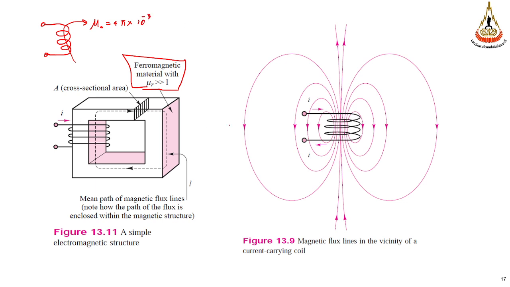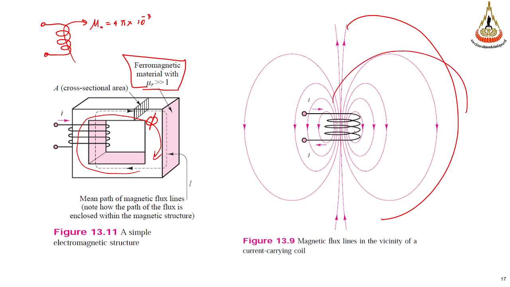But if you cross this coil with a high permeability material, it will be easier for the magnetic field to flow, right? This will be called a magnetic circuit. So the flux finds it easier to go along this path. If you have the magnetic field in the air, it will flow like this, right? You have the closed circuit.